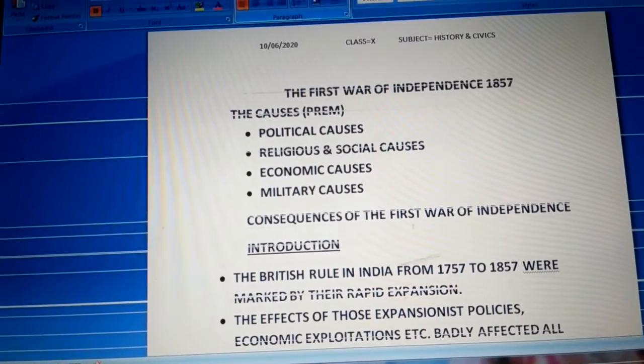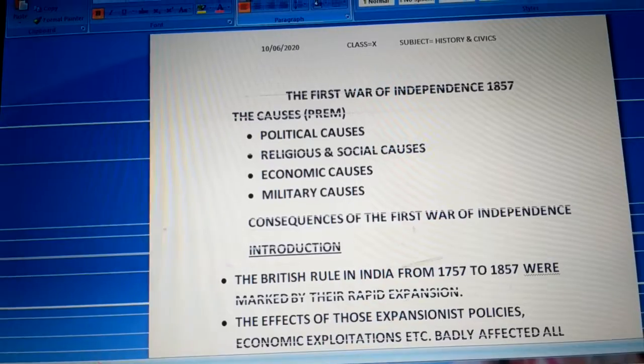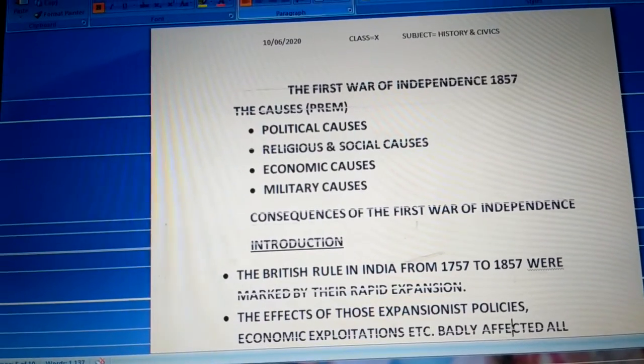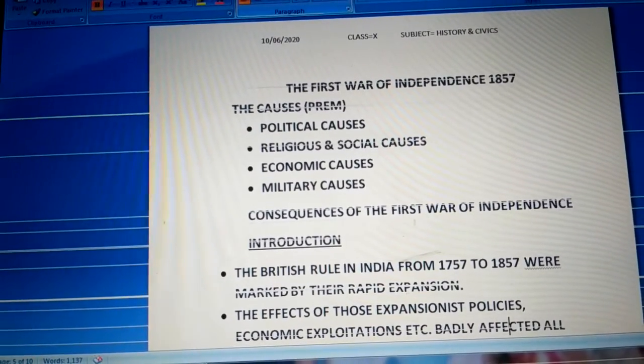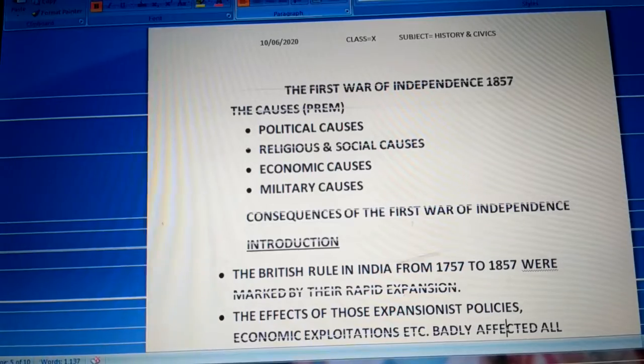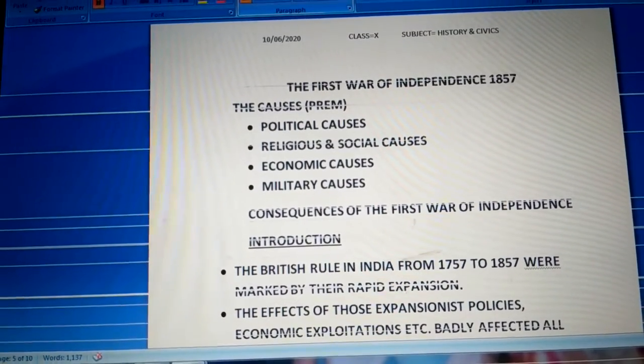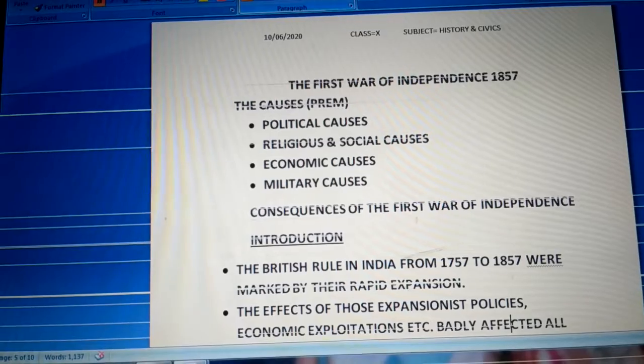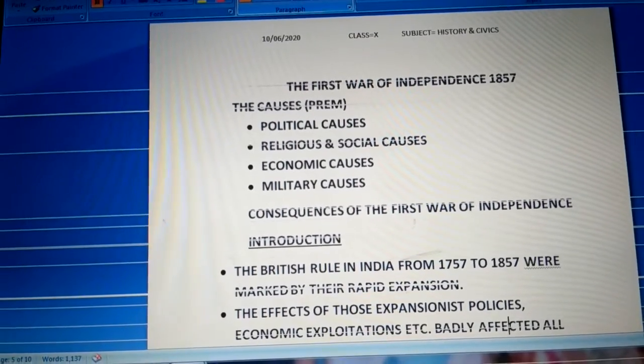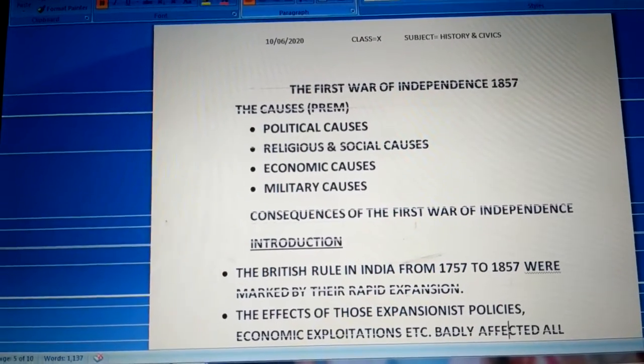Which causes were behind the First War of Independence 1857? What were the causes? There are mainly 4 causes.